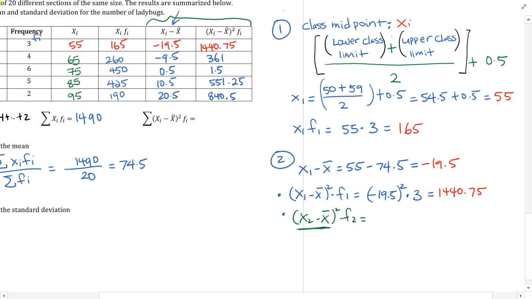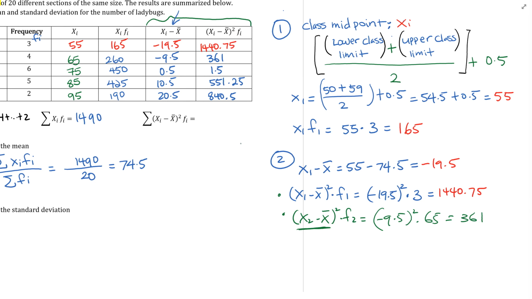That's row 2, negative 9.5. And then I square it. F2, the frequency for the second class, is 4. Multiply that, and you get 361. And that's how I get 361 in here. Do the same thing. I would suggest you pause the video, do this to see if you get the same thing. Make sure you know how to calculate it.